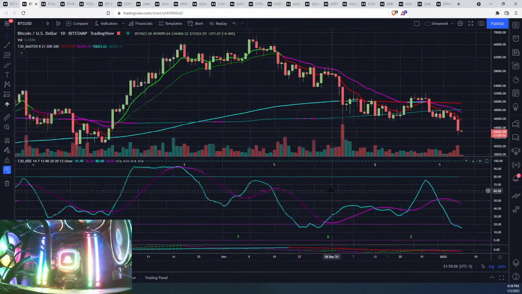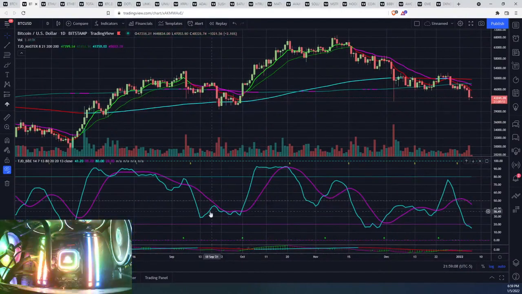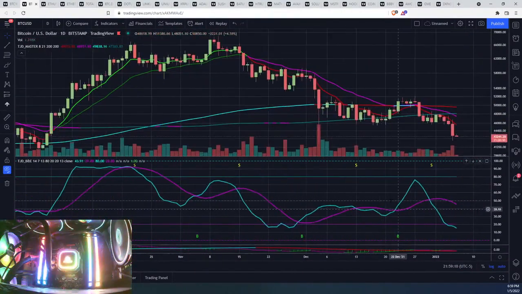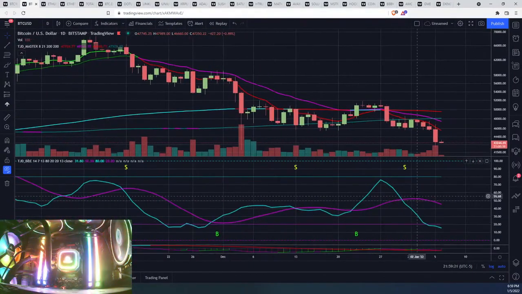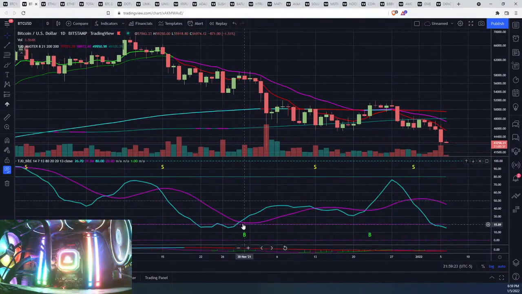So it's not giving us anything different. It's just giving us an S or a B instead. So you could use them together. You could use one instead of the other, if you only wanted the S's and the B's, or if you only wanted the highlighted area when they cross. Or you could use both together. All it does is tell you buy the cross here, sell the cross here, buy the cross here, sell the cross here.